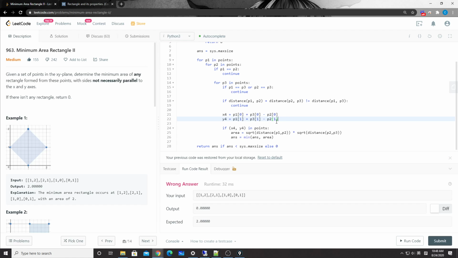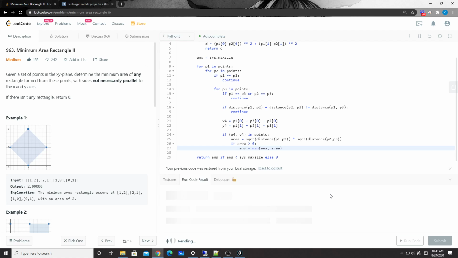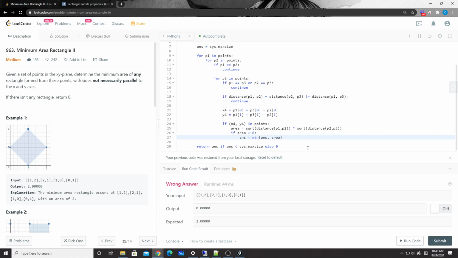Maybe here, if area is greater than zero, then we update. Hmm. Okay, let's see.